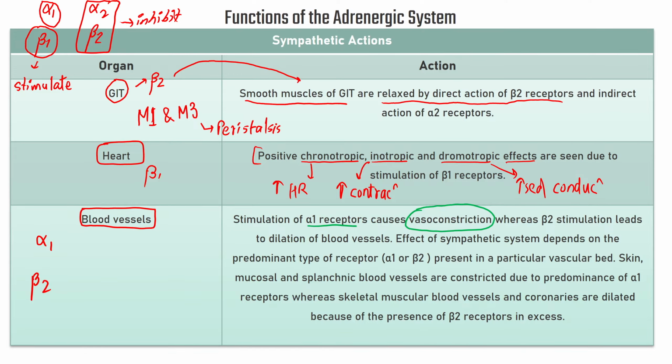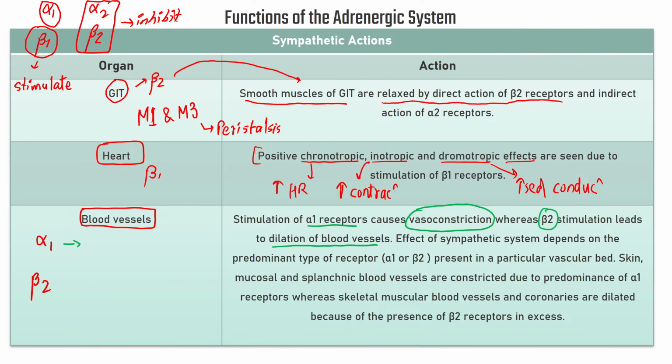Causes vasodilation or dilation of blood vessels. So, effect of the sympathetic system will now depend on the predominant type of receptor present there. इसका मतलब ये है जो भी लोकेशन में अल्फा 1 या बीटा 2 ज़्यादा रहेंगे उस पर डिपेंड करेगा कि what will be the action of the sympathetic system there.